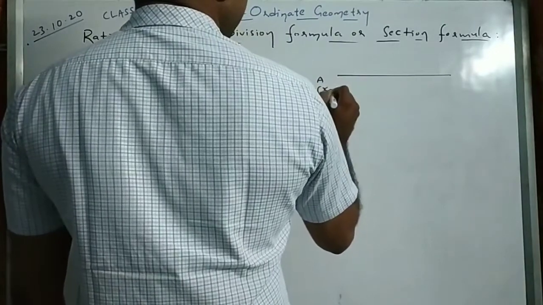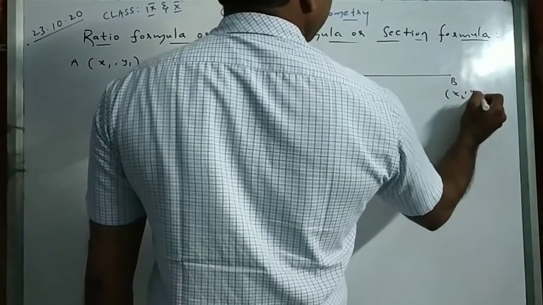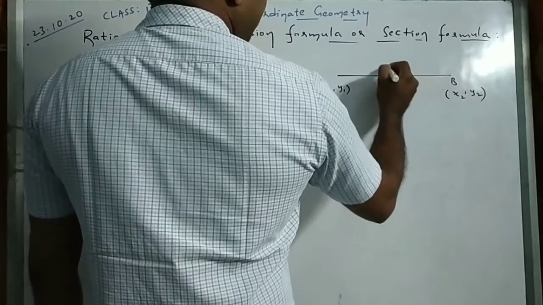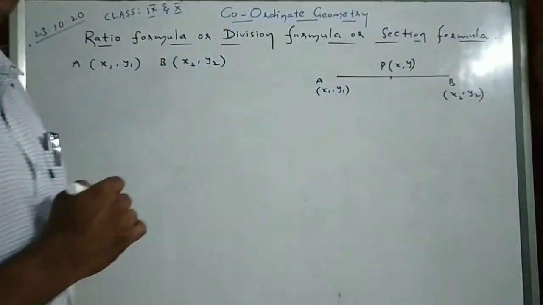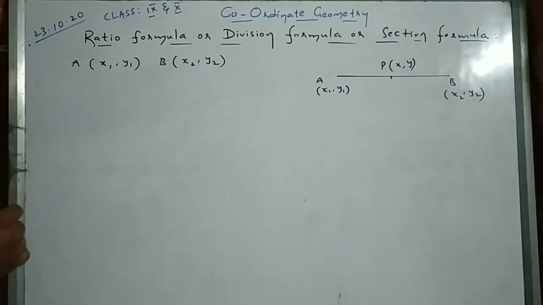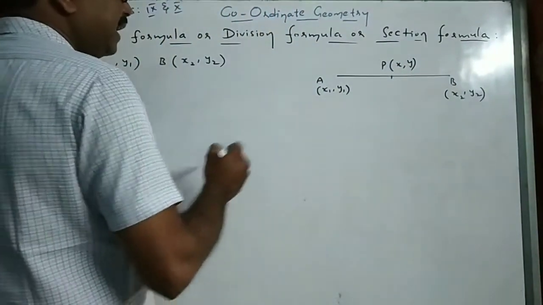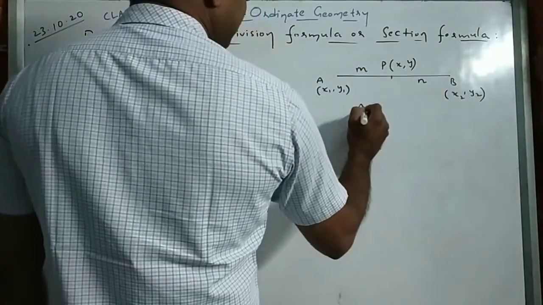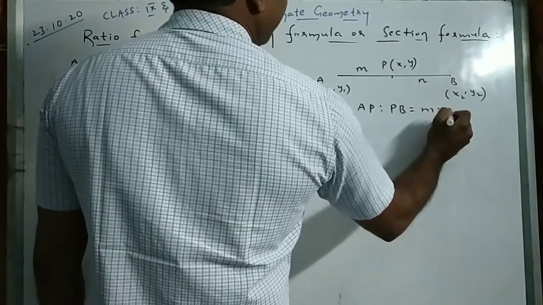In between somewhere one point P of x comma y, that is called division point. So P of x comma y divides the line segment joining the points A and B in the ratio m is to n. That means AP is to PB is equal to m is to n.